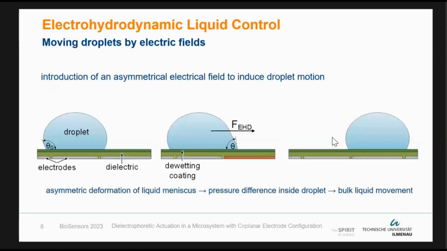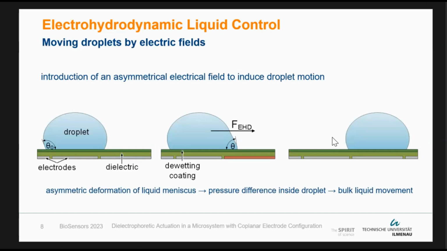This is quite easily done by the introduction of an asymmetrical electrical field. So in the last slide, I showed the field distribution homogeneously above our droplet. But now, if we place sequential electrodes underneath our droplet and introduce an electrical field, the droplet changes its shape asymmetrically.